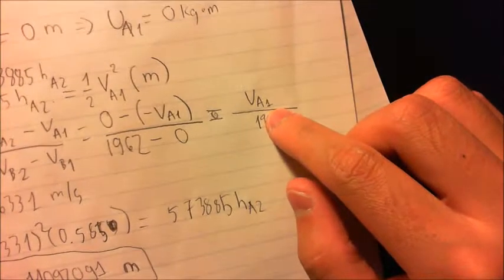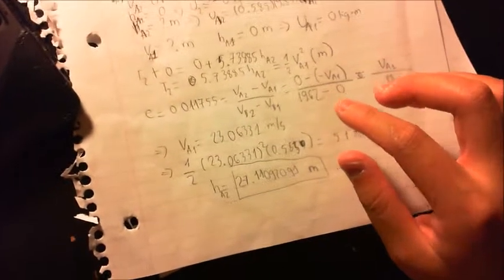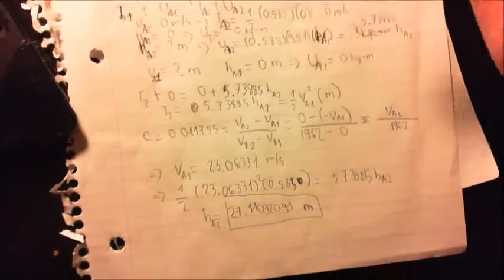However, we know the coefficient of restitution, so we solve like the previous one, but we just leave those variables there. We put VA1, like that one over there, or we leave things like HA2, and then we plug in the numbers and solve it.